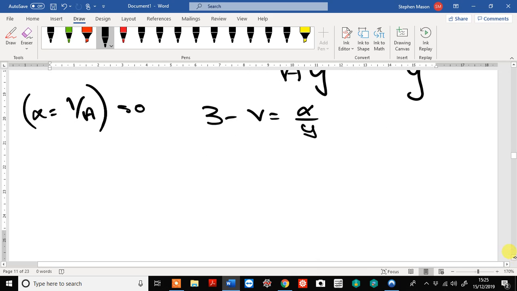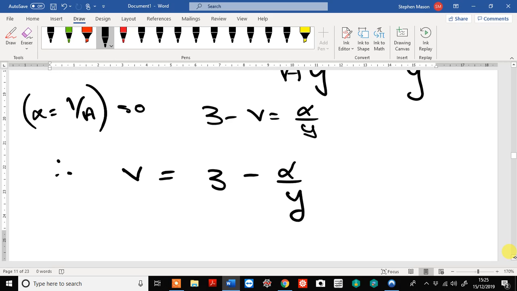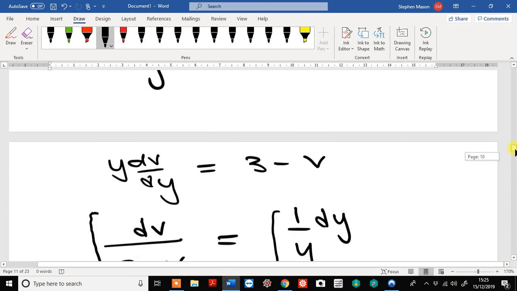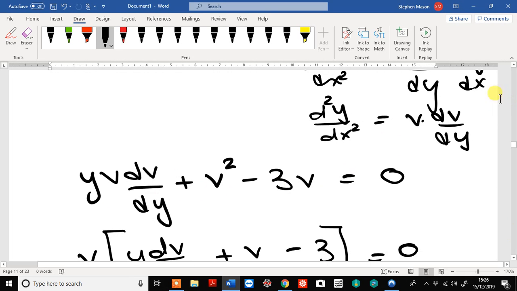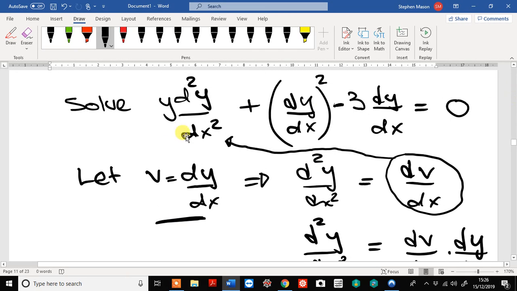This means that v is equal to 3 minus alpha over y. But what is v? Well, we know that v is equal to dy by dx in our original equation, which was up here.